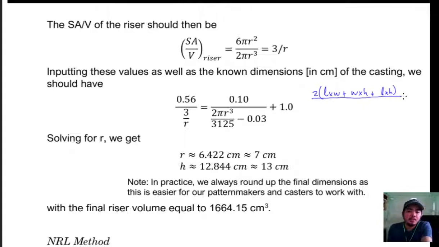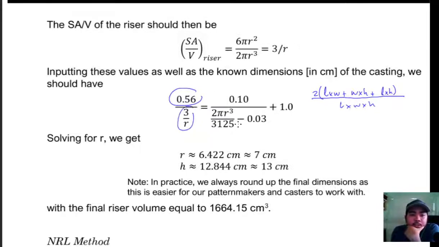Kasi rectangular prism to. So this becomes the surface area over the volume, where volume is just length times width times height. And we already know the dimensions, no? Kasi given naman, it's 25 by 25 by 5. And if you compute that, you should get something like this, no? 0.56 siya.